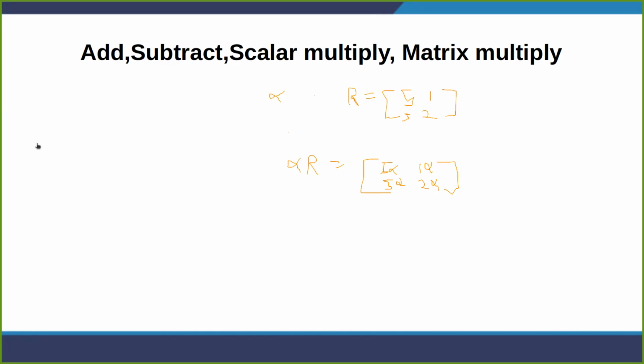This has a very good application in computer graphics. Whatever the rotation happens in the elements all happens with this kind of operation. If you want to scale something and make it big in SolidWorks or any CAD software, you can see. So that is the scalar multiply.